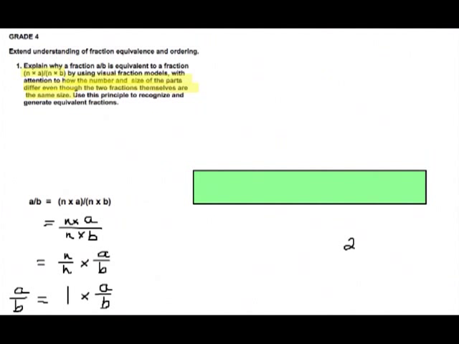So let's take a visual model, and let's suppose that we have 2/3 as our fraction. And so we take our 2/3 and we split up our rectangular model here. Now let's suppose that the n over n is 3 over 3. So this is what happens to your visual model.